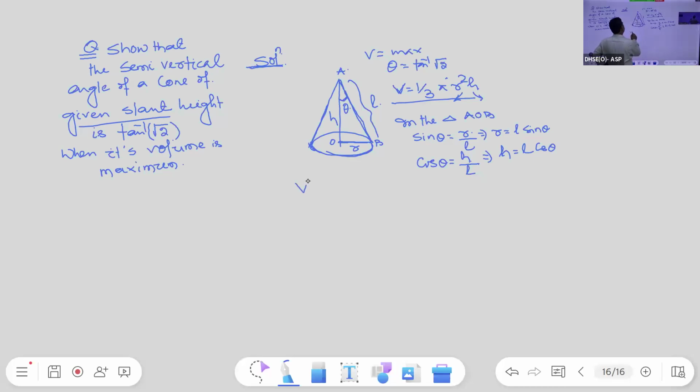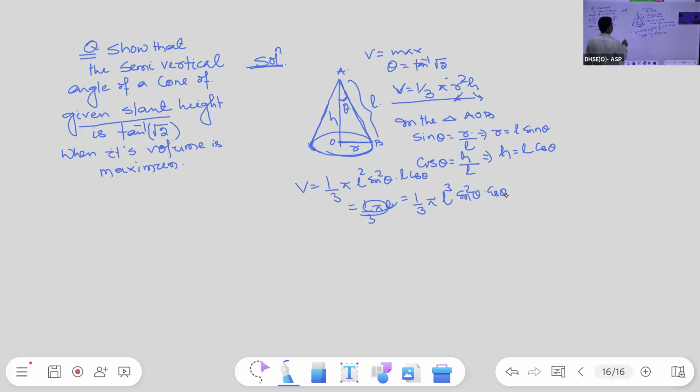Now both the variables r and h are dependent on a third variable, theta. Now volume V is dependent on theta. V is equal to 1 by 3 pi, r square will be L square sin square theta, into h will be L cos theta. This is equal to 1 by 3 pi L cube sin square theta into cos theta.